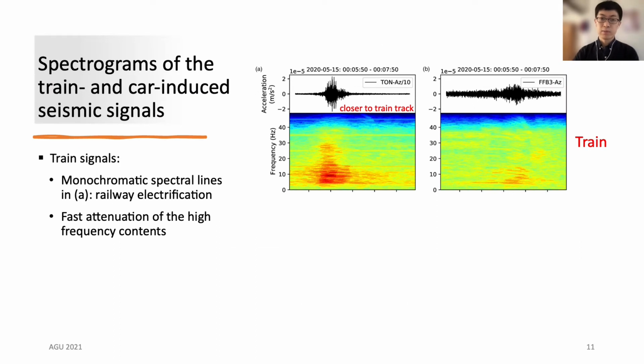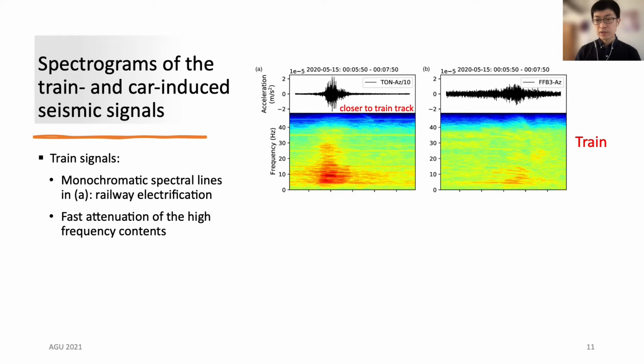The top panel represents train-related signals recorded at the stations TON and FFB3 and their corresponding spectrograms. The arrival time difference of the peak ground motions at the 2 stations is approximately 30 seconds. This can be attributed to the traveling time of the freight train from the nearest point of one station to the other.